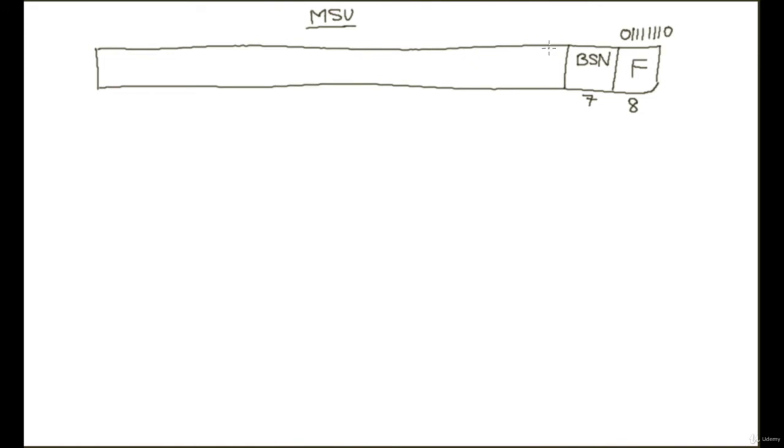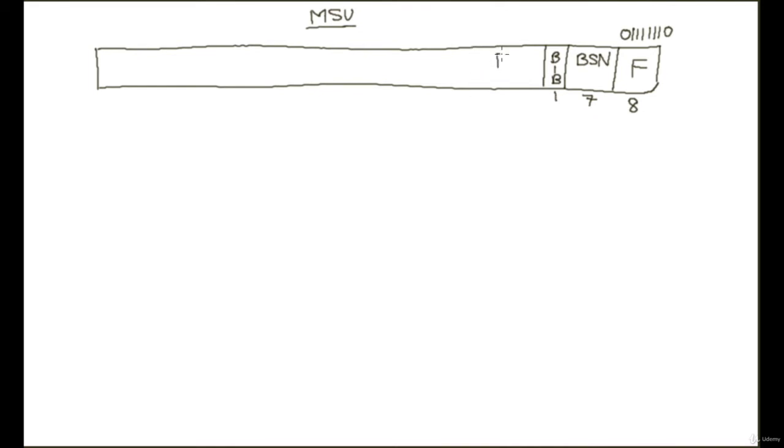Then there is a BIB field. This is 1 bit, and this is a flag which is used to indicate the acknowledgement of the packet in the backward direction. This also we'll understand when we cover the flow control.